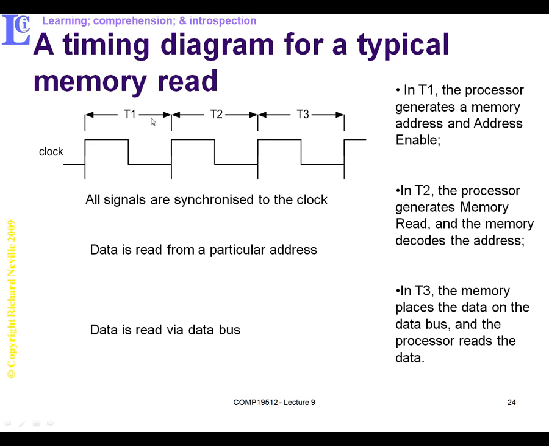Now we're going to look at a particular timing diagram. Now I should explain that we've got some insight now into what timing diagrams are. First, everything that happens with respect to the buses and either reading or writing information from the processor to the memory is done in lockstep with the system clock, normally on the rising edge.